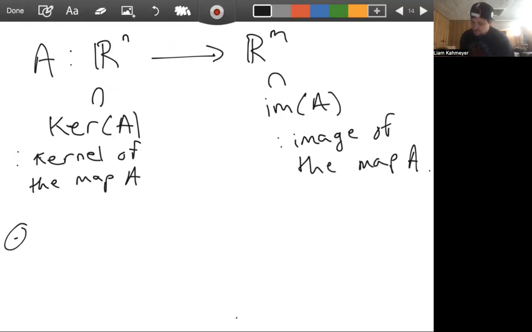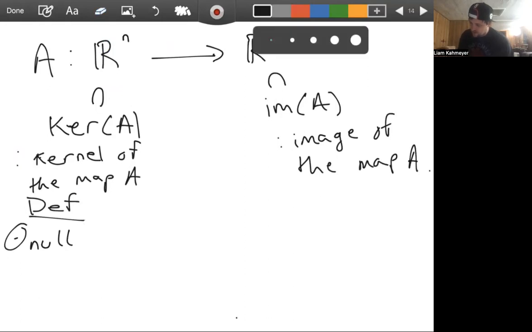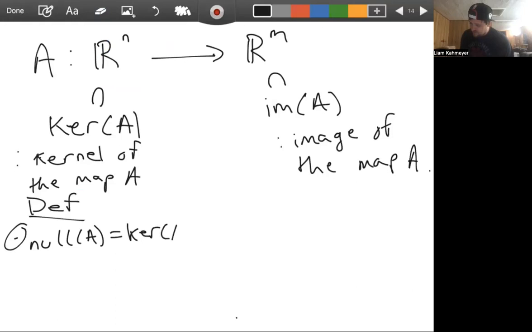And these are definitions here. The kernel, which is also referred to as the null space of A. Maybe I should have specified. So null of A, which is the kernel of A, is the following set.